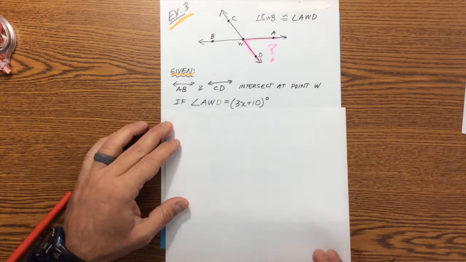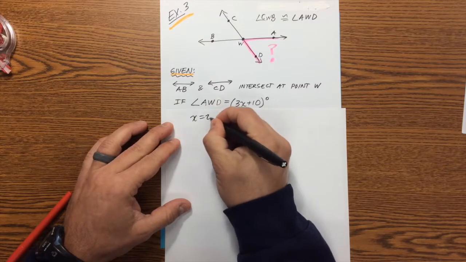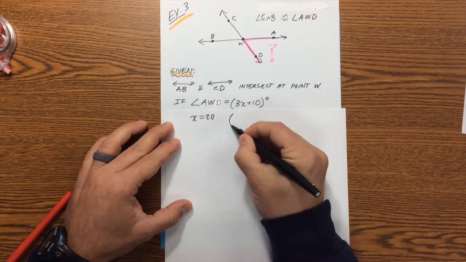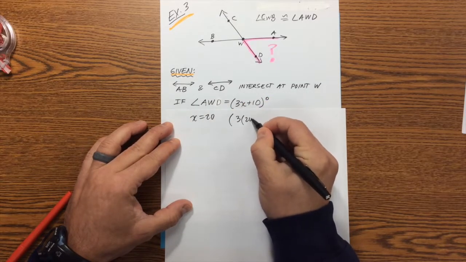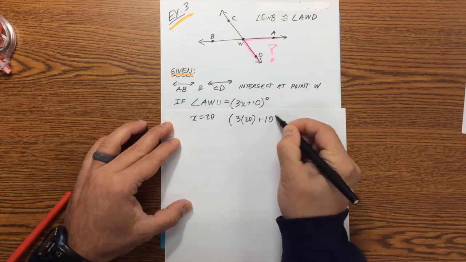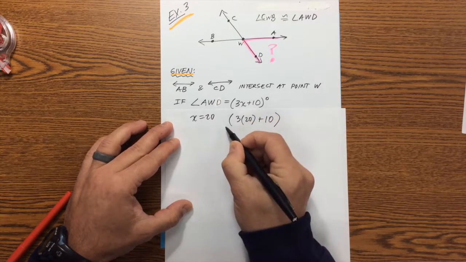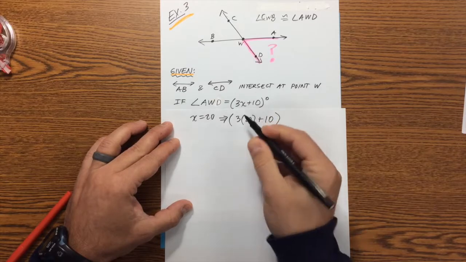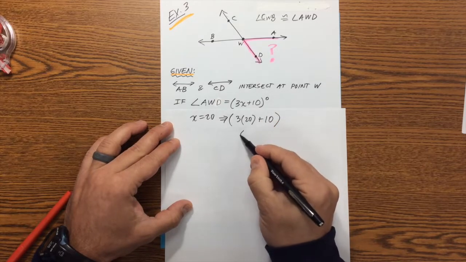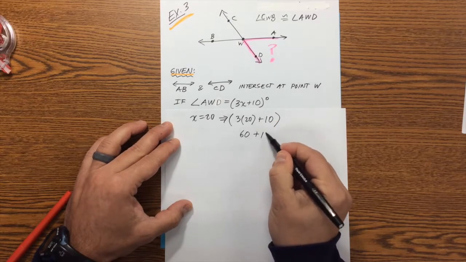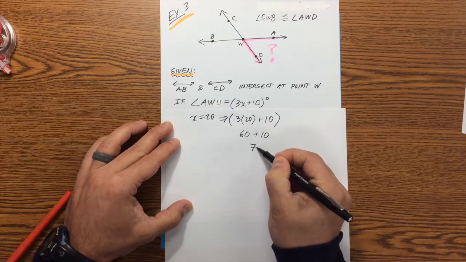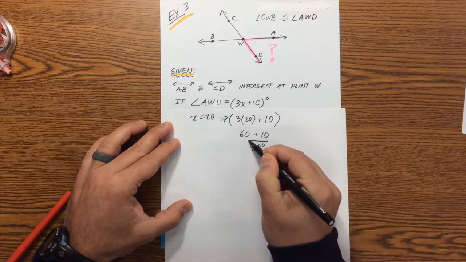So what I'm doing here is we know that x now equals 20. I'm going to plug it into this equation. So 3 times 20 plus 10. Okay? So we know that 3 times 20 is 60. And those added together is 70.